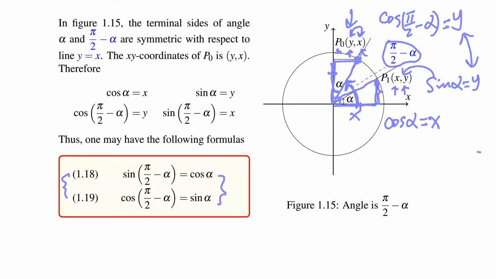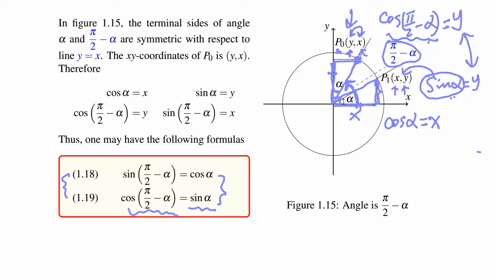And then this tells us what? Cosine pi over 2 minus alpha equals sine alpha. So that is how we got this. Cosine pi over 2 minus alpha is sine alpha.